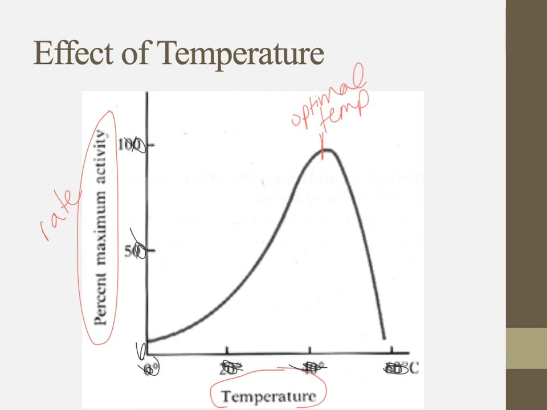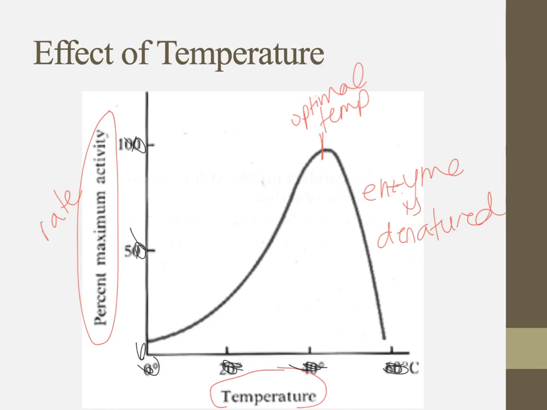Up here in this part of the graph, we're seeing a steep drop off, and that's because the enzyme is being denatured. Remember, enzymes are proteins. They are really susceptible to changes in temperature and pH. When you expose them to high temperatures, you're causing that protein to become unfolded. You're breaking those hydrogen bonds, and now it doesn't have the right shape anymore.